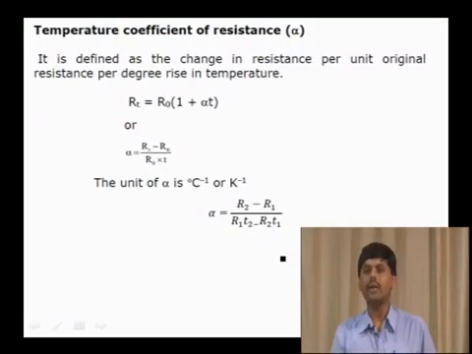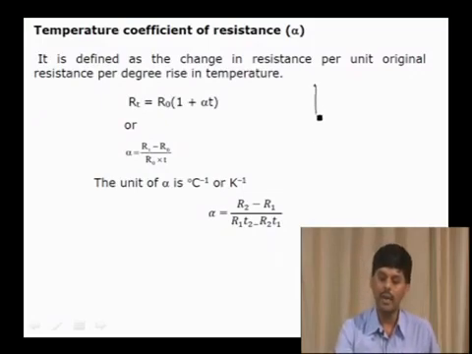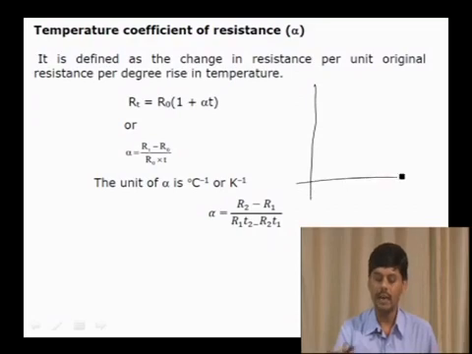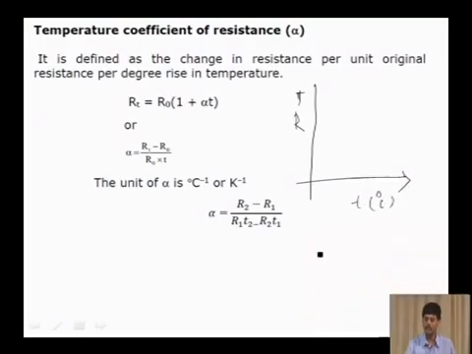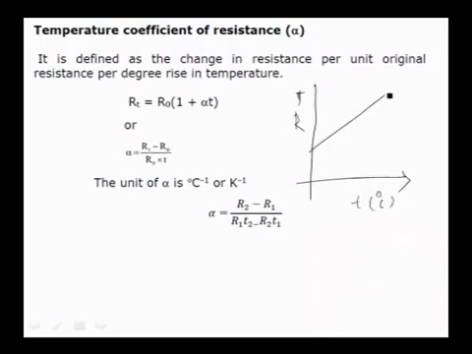The SI unit of alpha is per degree Celsius or per Kelvin. Suppose you have a graph of the variation of resistance with temperature, where this is the resistance and this is the temperature in degree Celsius. They provide the values of two points: this is the resistance R1, this is the resistance R2, followed by the temperature T1 and T2.